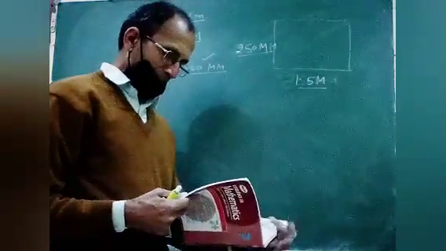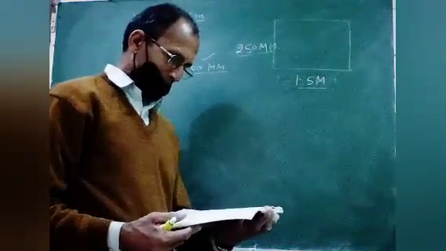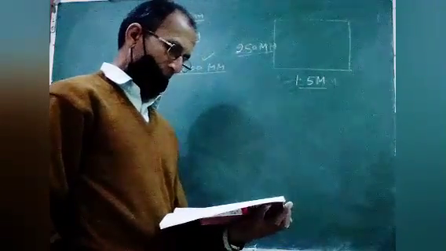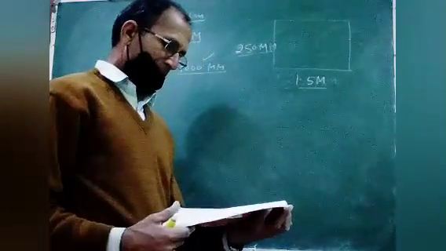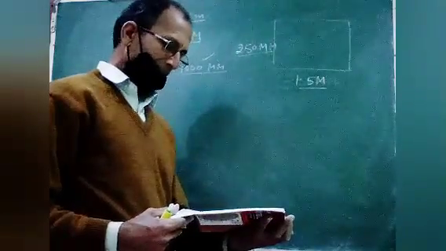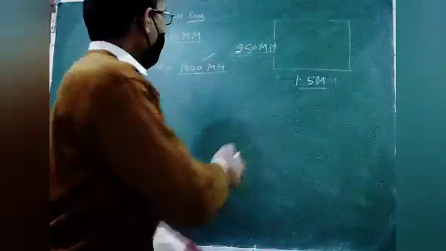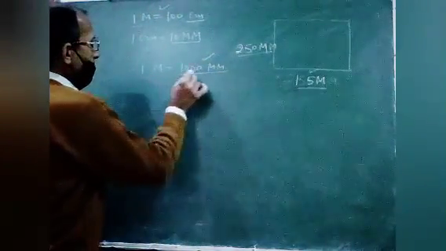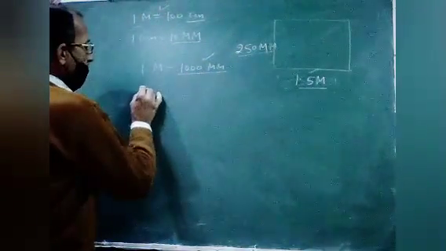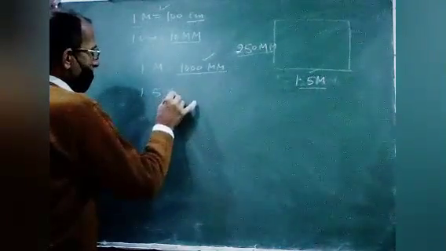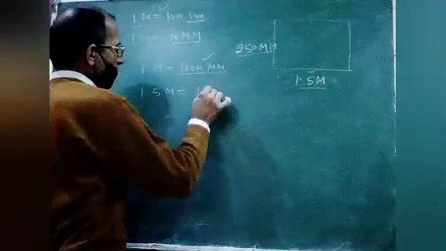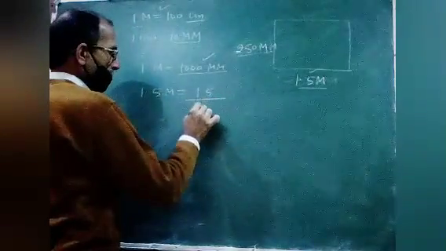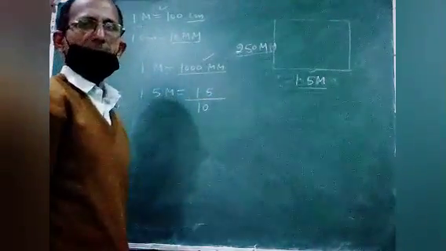So now see, in this one, options are given: 450, 350, 250, 550. It means all will be in, I think, millimeter. Now I will convert this length into millimeter. So 1 meter is equal to 1000 millimeter. Now 1.5 meter. See this concept: first I will remove this decimal. For decimal you put 1 and after that count the digits.